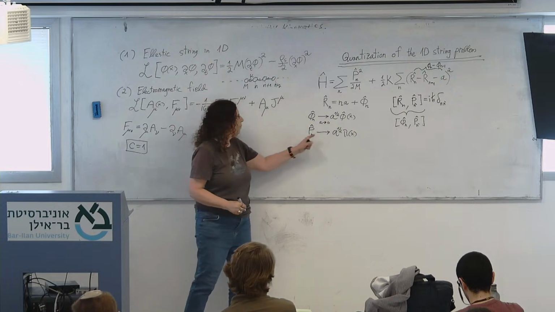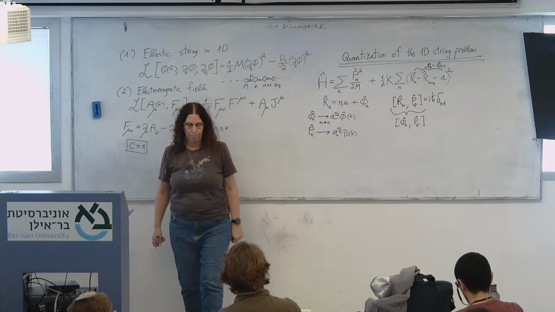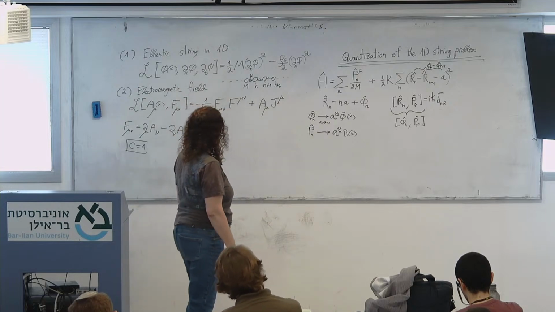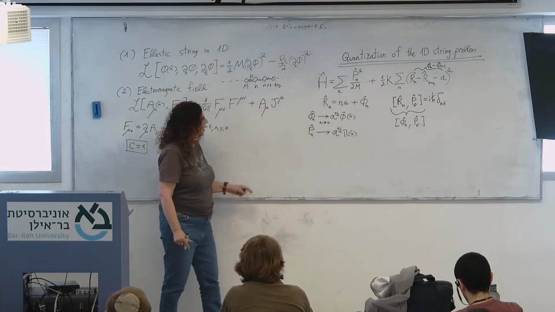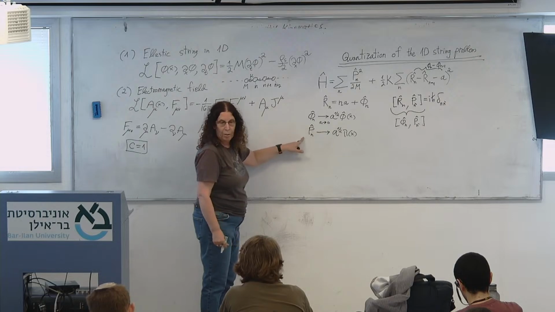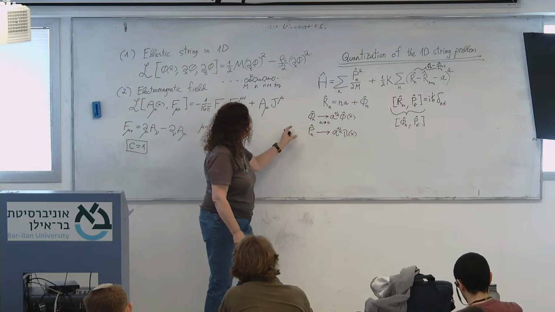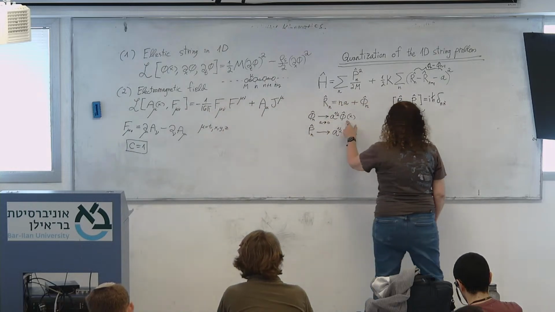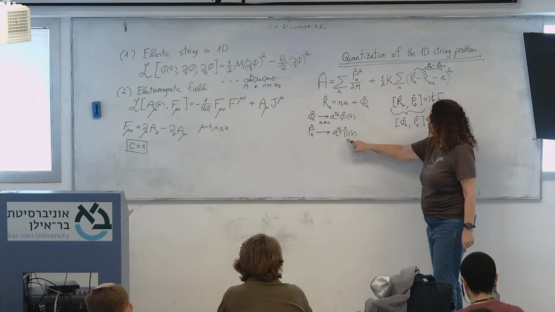I take a to the half, and I'm left with a continuum version of the momentum. I already know the commutators of phi and p. From this simple rescaling, let's get the commutators of phi of x and pi of x.